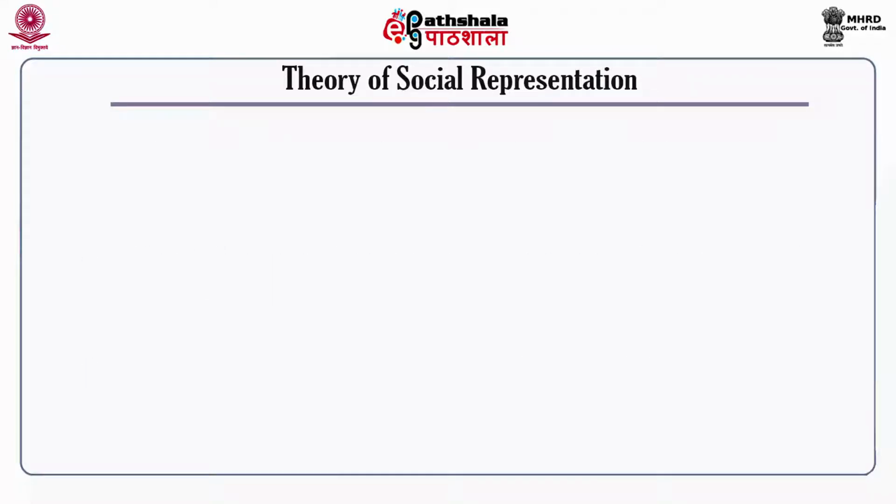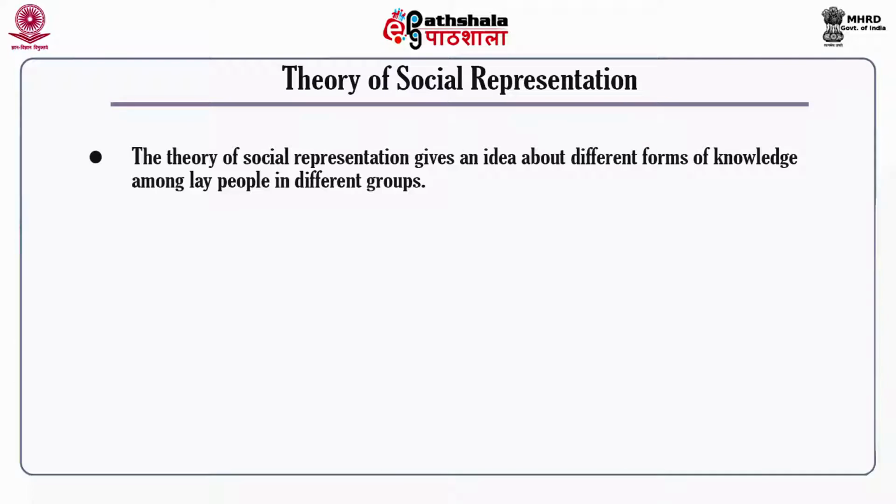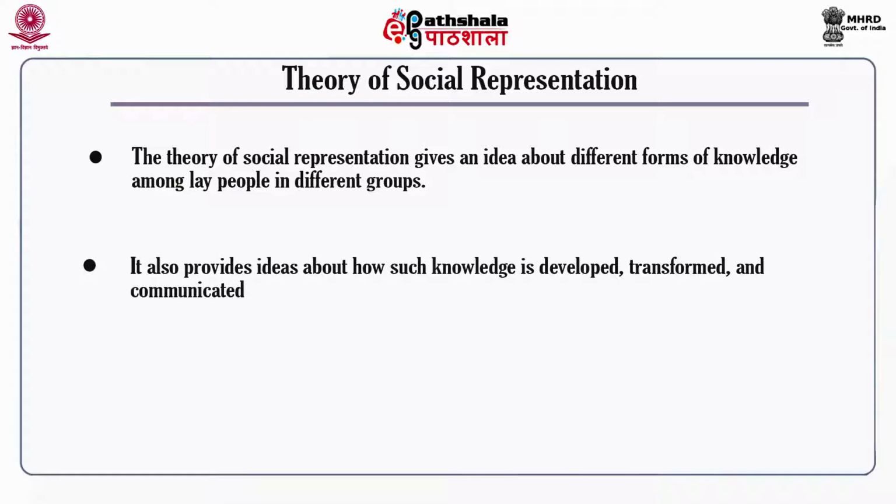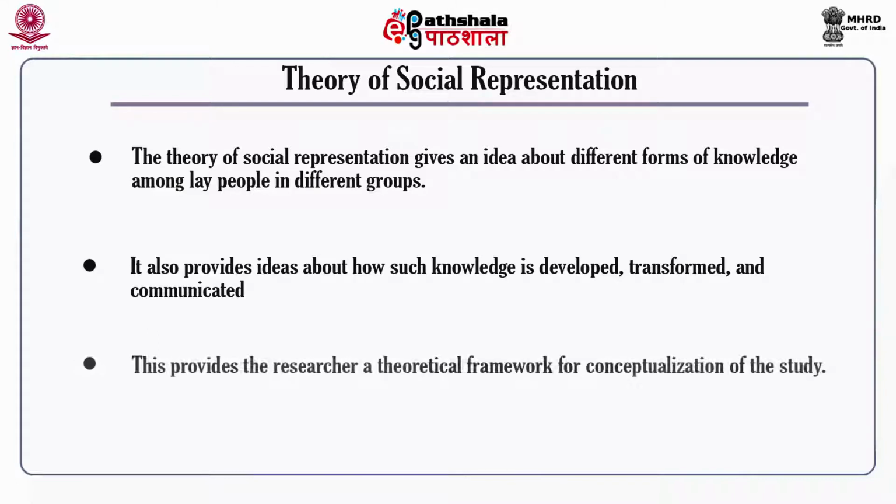Theory of social representation gives an idea about different forms of knowledge among lay people in different groups. It also provides ideas about how such knowledge is developed, transformed, and communicated. This provides the researcher a theoretical framework for conceptualization of the study.